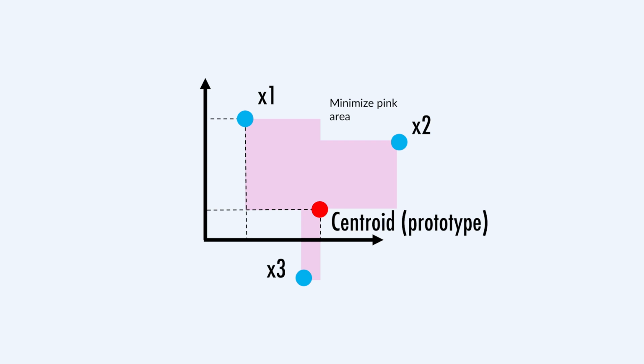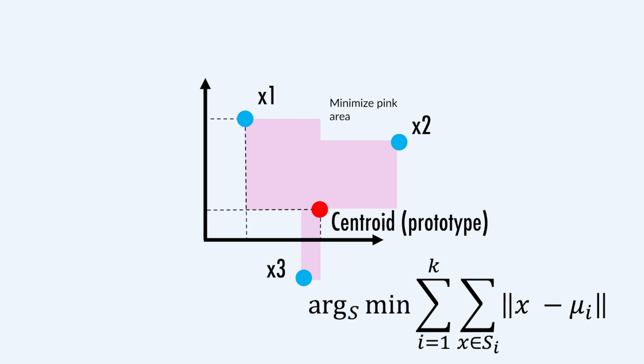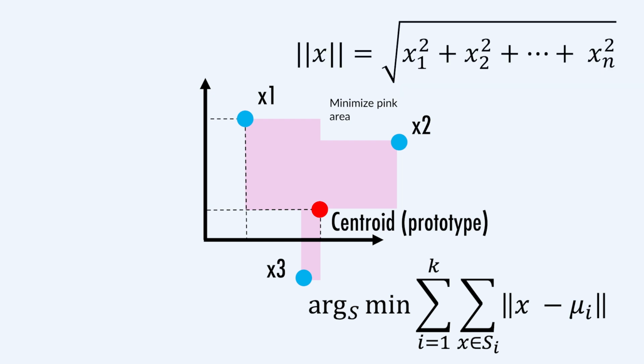The minimization of the sum of squares is therefore mathematically equivalent to minimizing the squared Euclidean distance. Note that we even use the Euclidean distance formulation in the objective function. Of course, we could minimize the Euclidean distance in K-means instead, but this would be much slower because of the square root calculations.